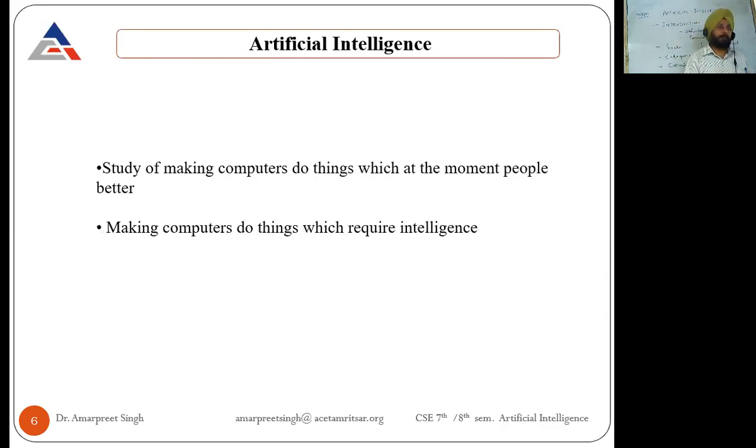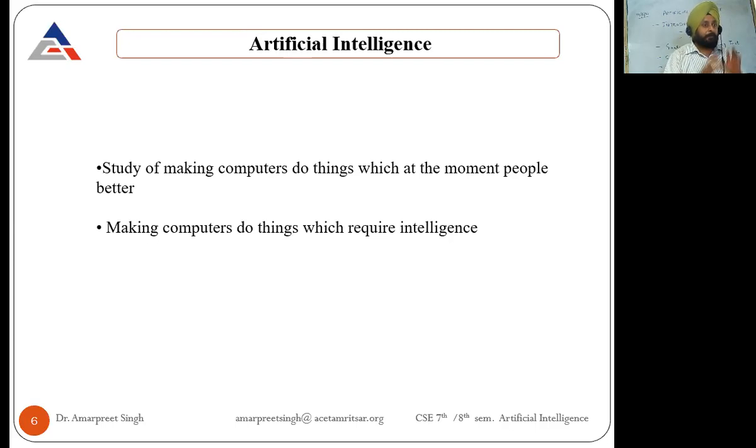Now come to the important subject, artificial intelligence. Very simply, artificial intelligence is a simple thing. It is a process or concept where we try to make a computer or a machine that can do all the things which at present humans do better.